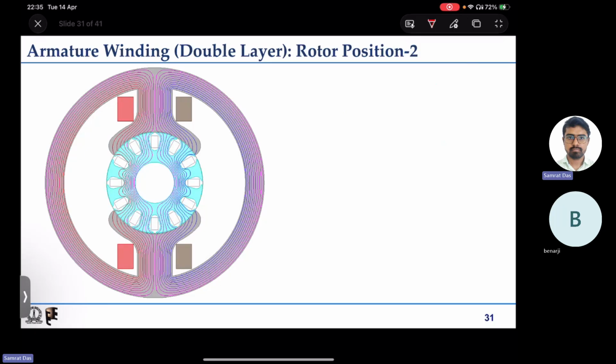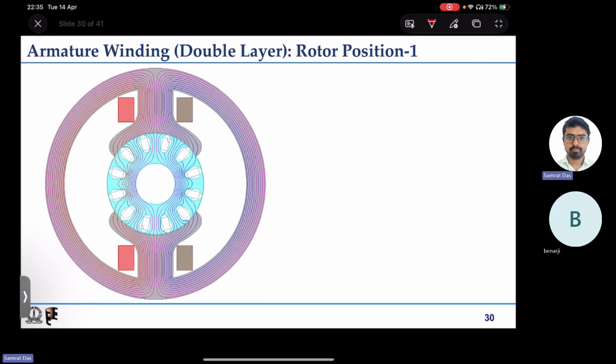That will make it absolutely clear, and you can understand that if it moves further, it will come back to this first rotor position only.